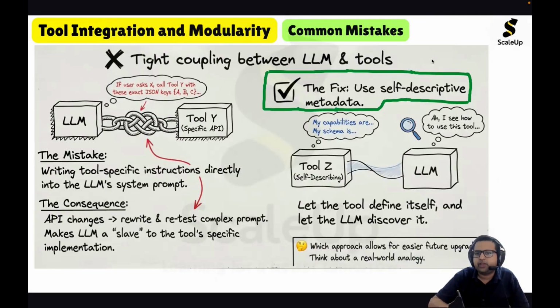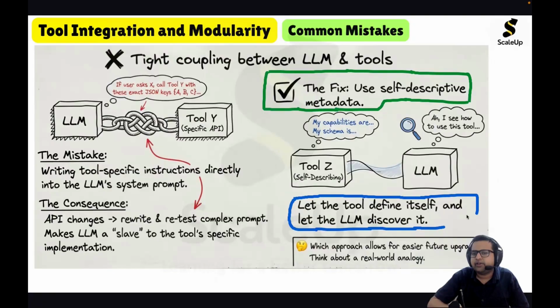So this is a very interesting and important design principle we are discussing. Let the tool define itself via the self-descriptive metadata, and let the large language model discover which tool to call by referring to the self-descriptive metadata of the tools. So with this, we will be able to achieve loose coupling between LLMs and tools.